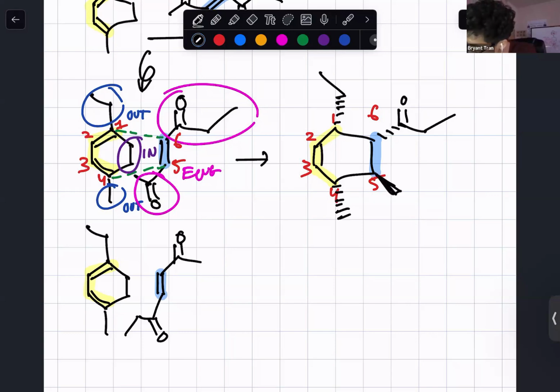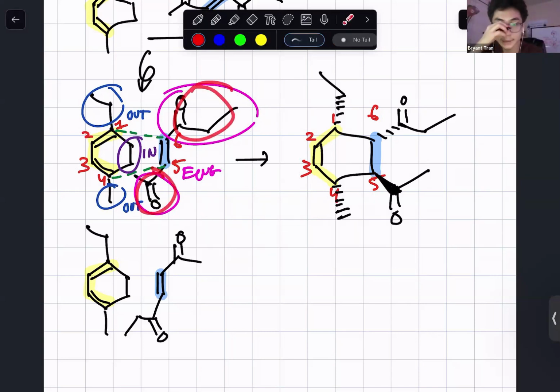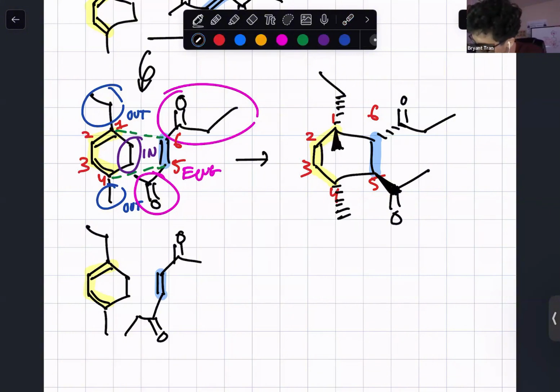But this EWG on the other end has to be a wedge because these two EWGs here are trans to each other, right? And we still have the in groups connecting the carbons 1 and 2 right here, which is this in group right there. So that's going to be one of the products right there.